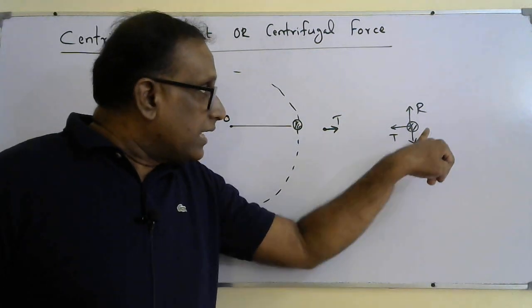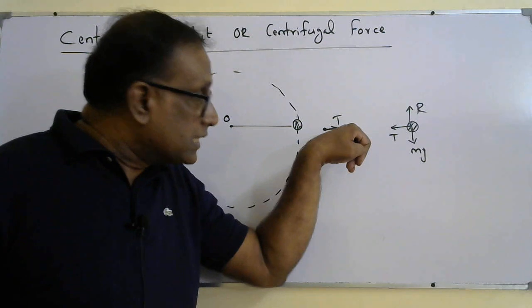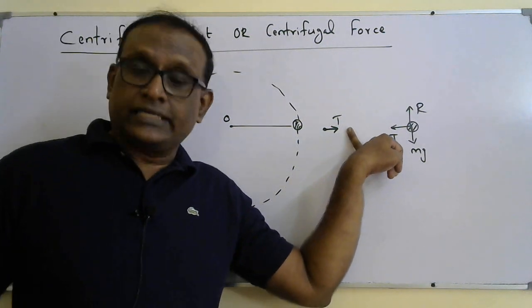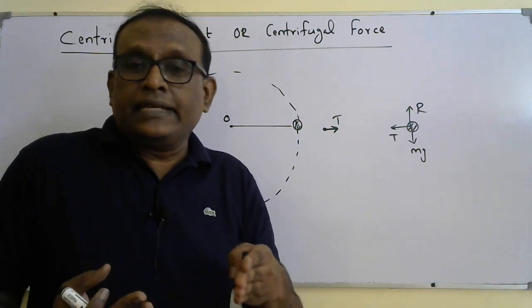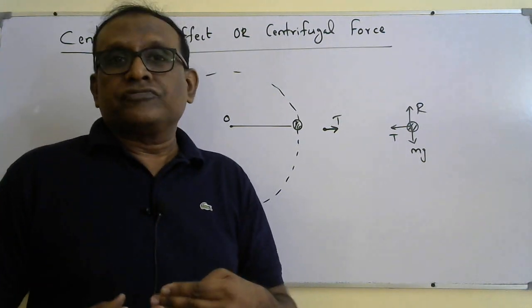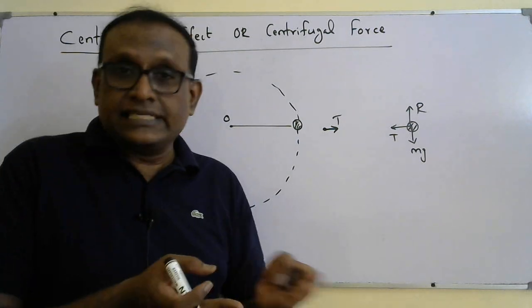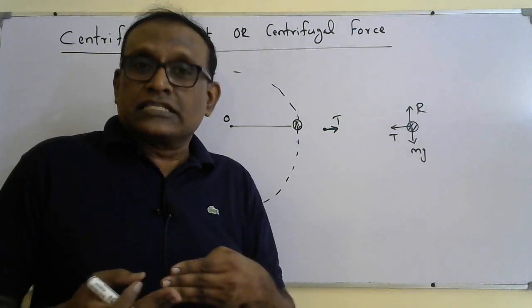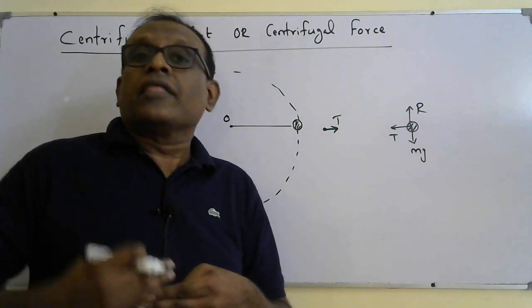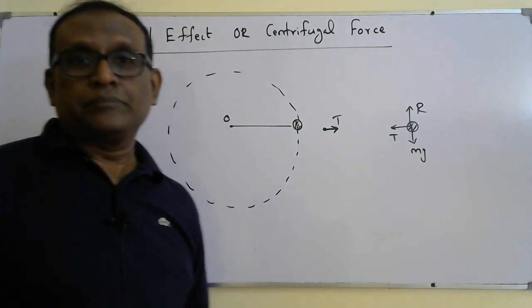So when T is there, the object will have acceleration towards the center, the centripetal acceleration, which I already explained. Inertia means the property of matter to oppose or resist the acceleration provided to it.